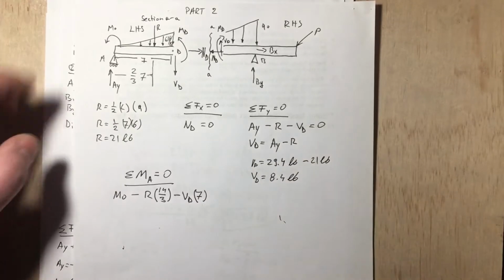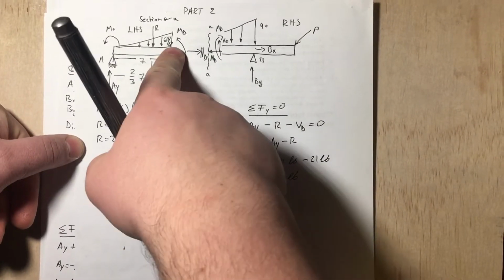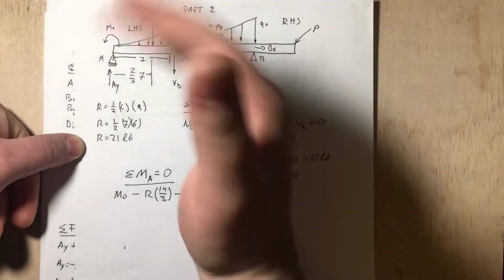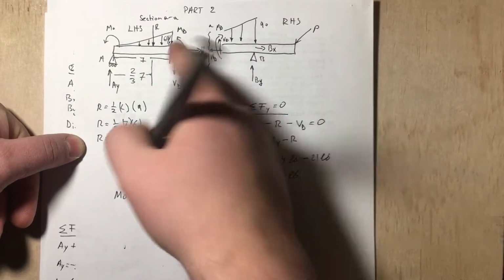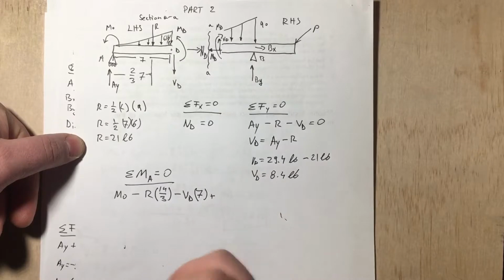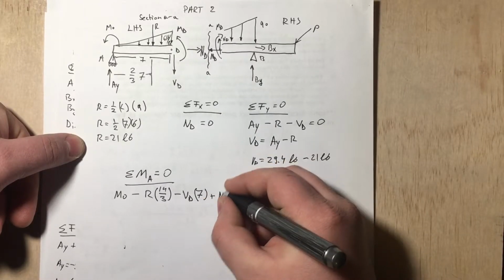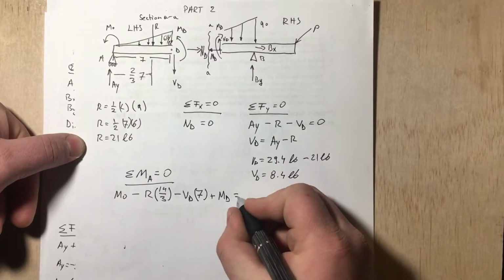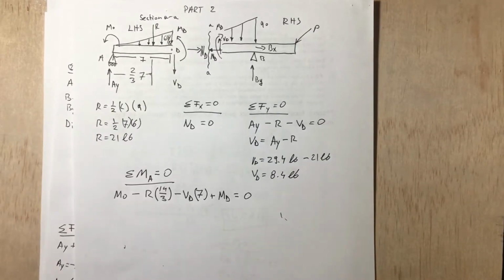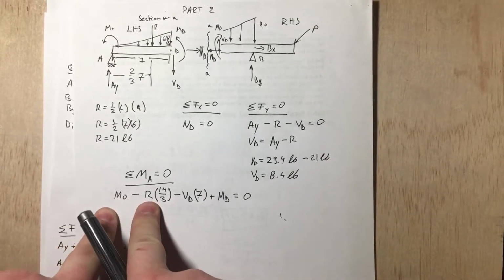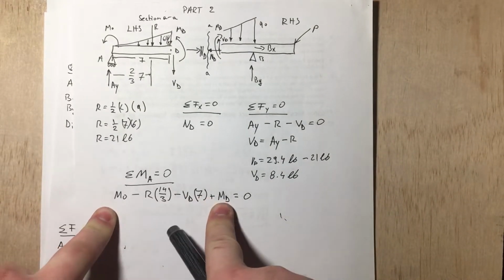Okay, and we also have MD, which is, oh, actually that is a positive moment as we've labeled it. So, and that's what we're trying to find, plus MD equals 0. Okay, so we have MO, we have R, we have VD, and we're trying to solve for MD.